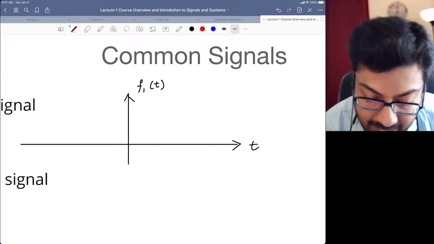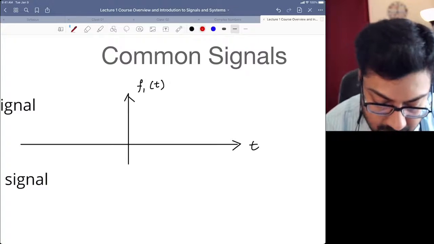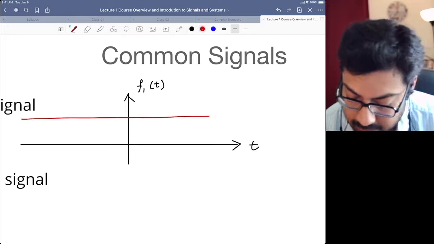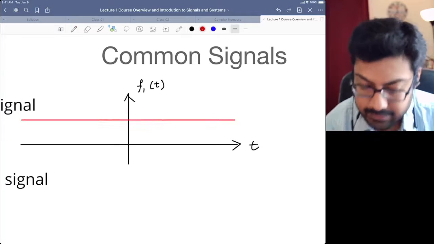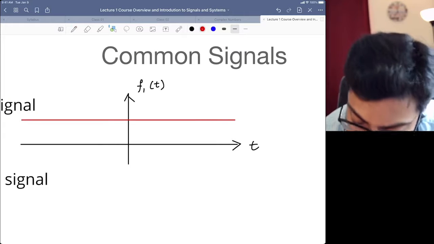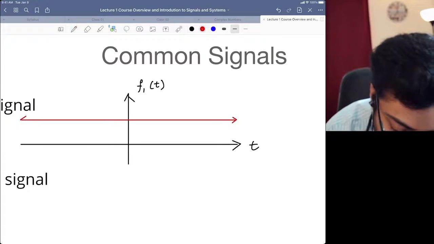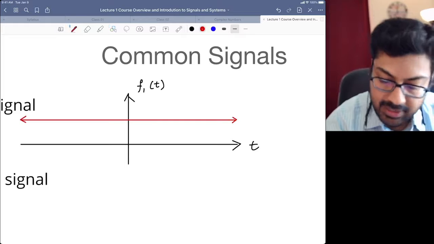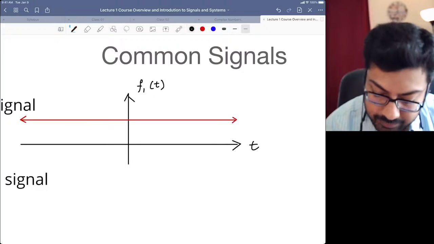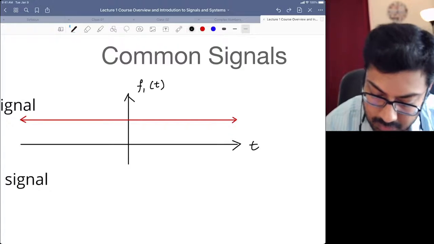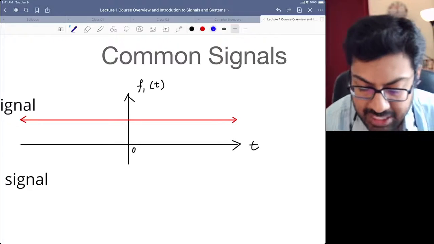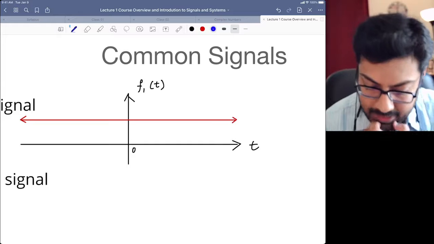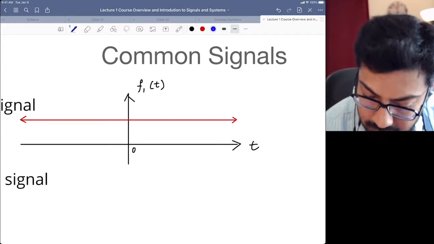So in red, maybe I can draw the signal itself. Constant. Okay. And it is continuing on the right as well as left. Say this is time 0. And let us pick some amplitude. Let us say m.